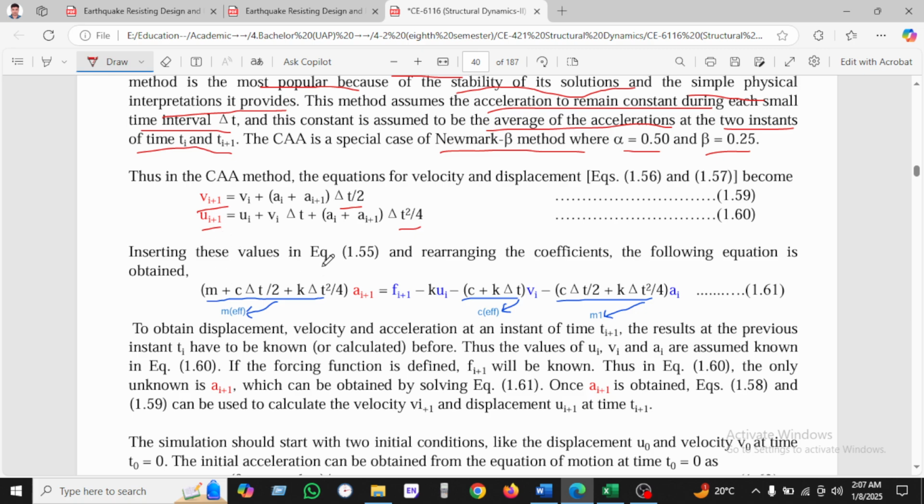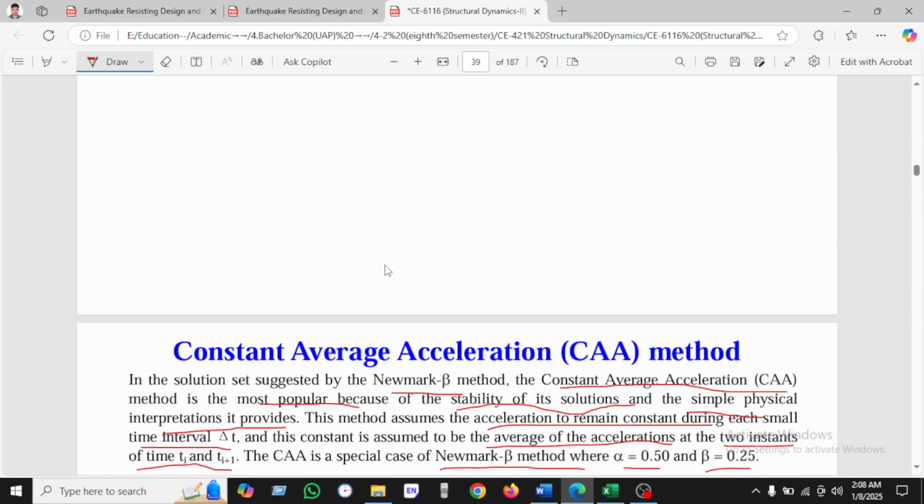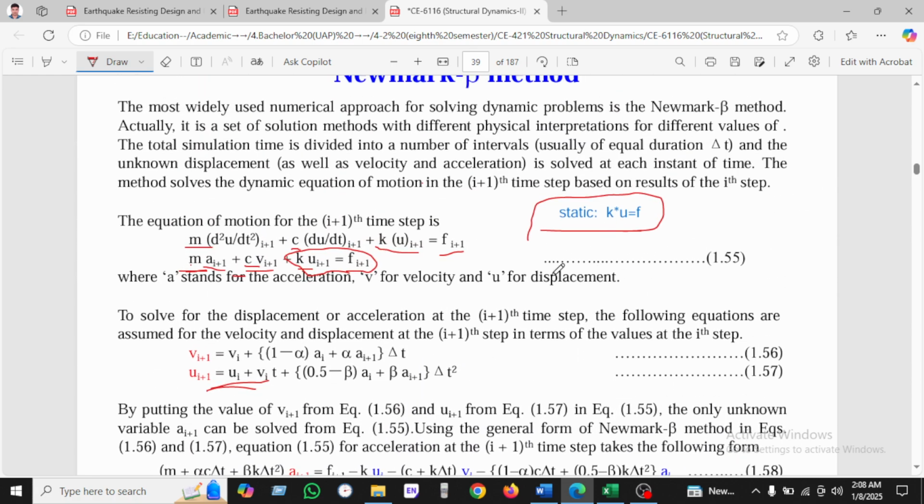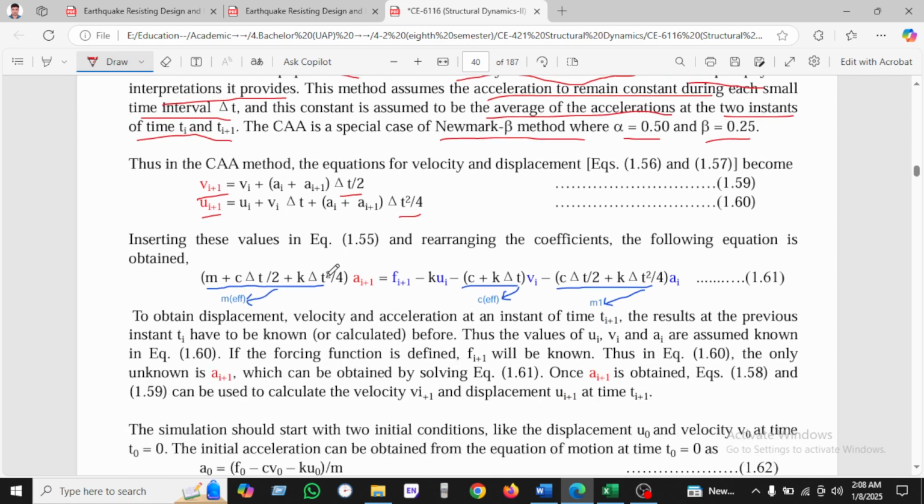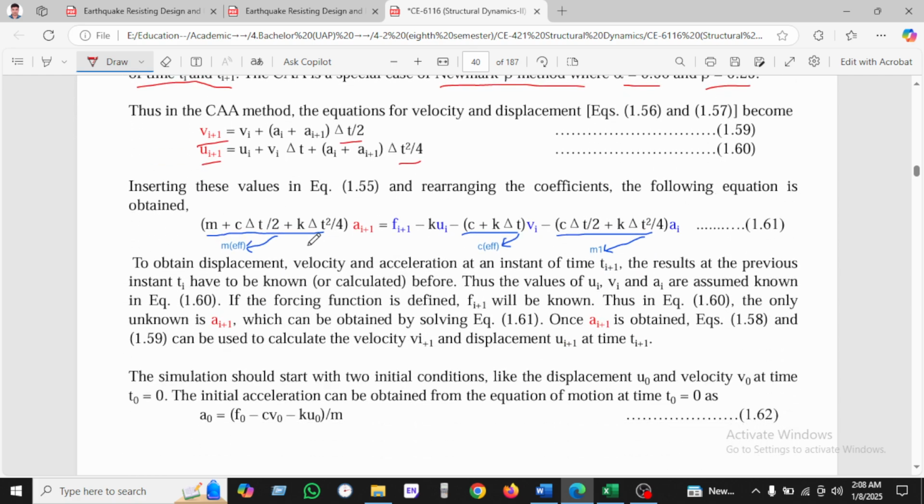Inserting these values into the main equation with M, C and K U, the equation obtained is M plus C times delta t by 2 plus K delta t squared by 4 times delta U.